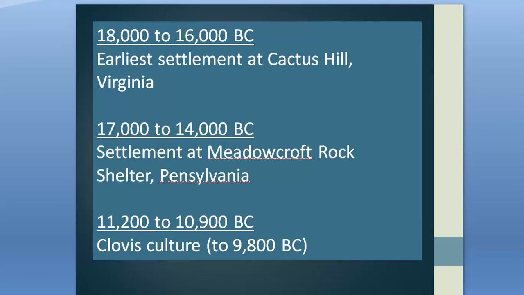People used these tools to hunt smaller game animals and to harvest wild varieties of corn, squash, fruits, nuts and seeds. Like Cactus Hill, there is a controversy over the dates of the beginning of the settlement, ranging anywhere from 14,000 to 17,000 BC.